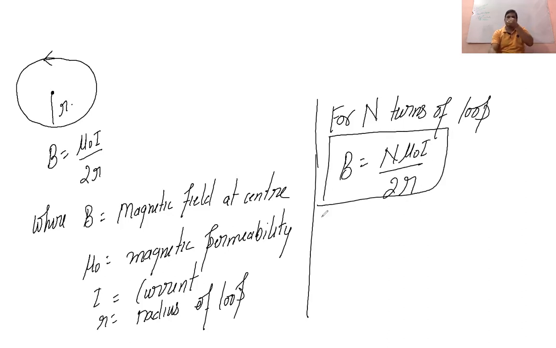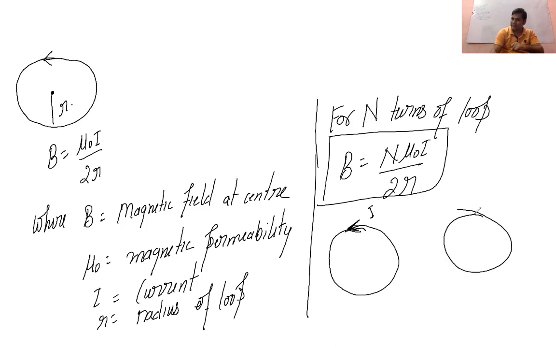Now students, look, now we can find out the direction of magnetic field at the center. Till now we have studied how to find the direction of magnetic field due to a straight wire. Now if you are willing to find the direction due to a circular loop, see here, if the current is moving in this direction, let's say anti-clockwise, and in the other case it is moving in this direction.